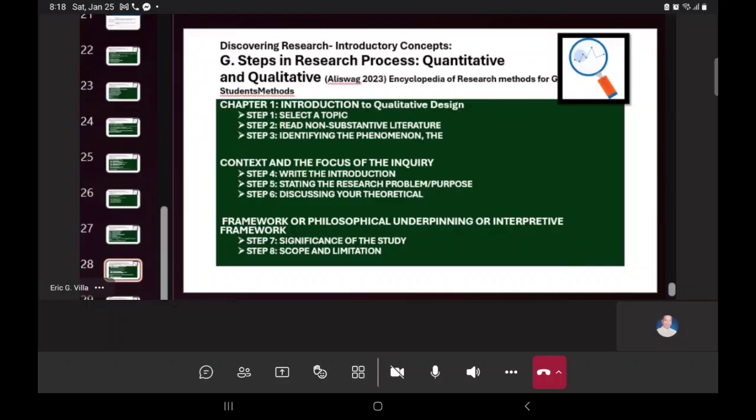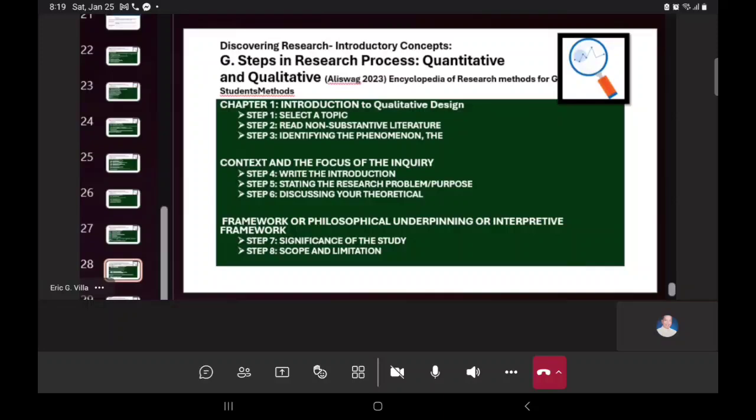The theoretical framework integration or the philosophical underpinning serves as the conceptual backbone of the study, wherein it provides an interpretative lens for data analysis, philosophical foundations for methodology, and conceptual structure for understanding phenomena.